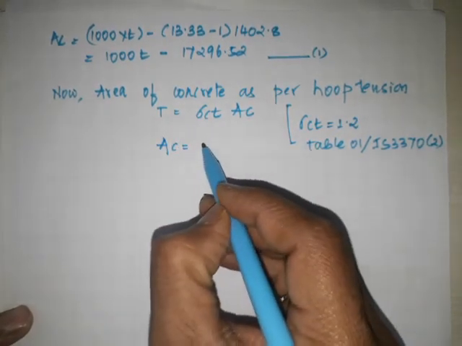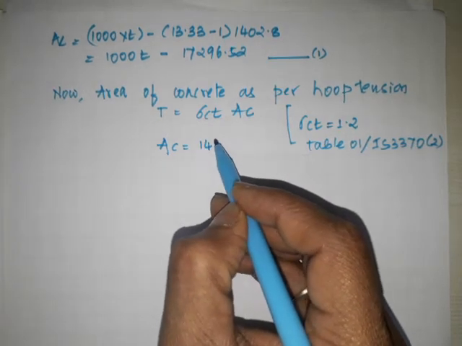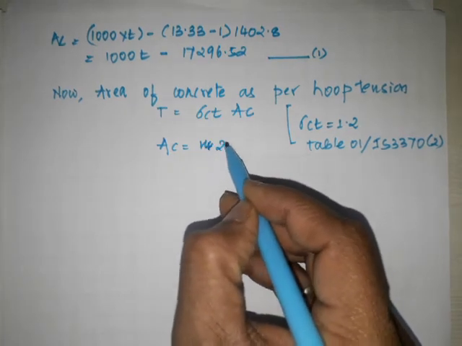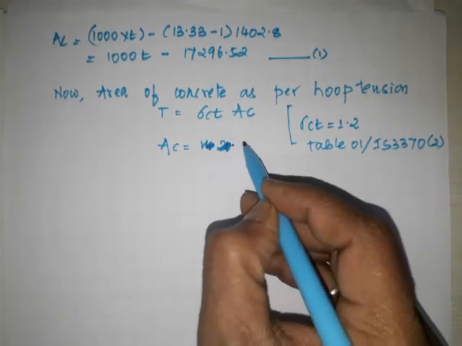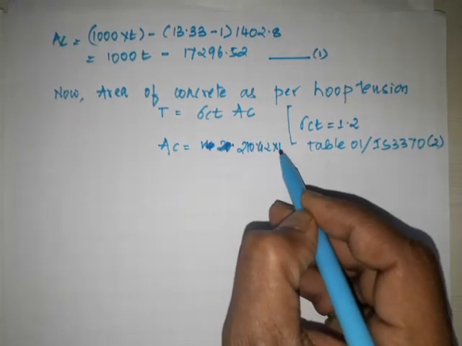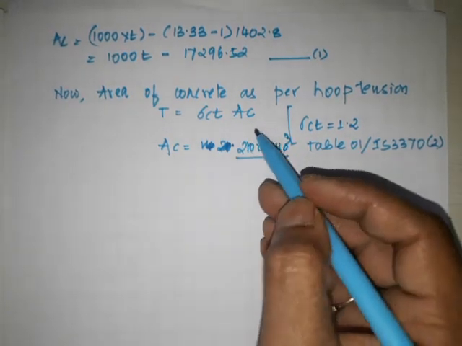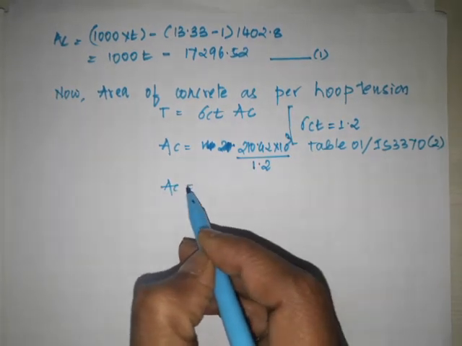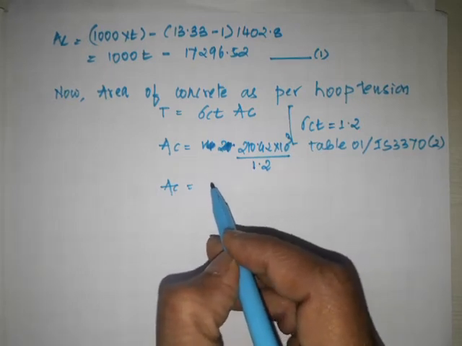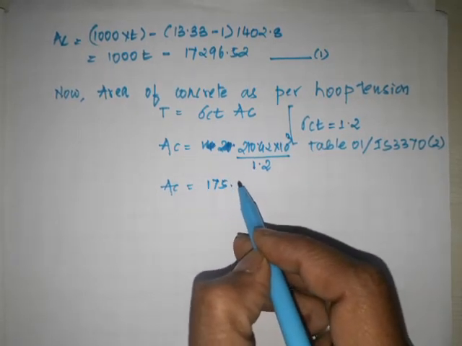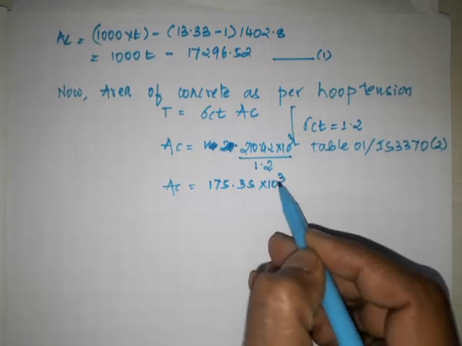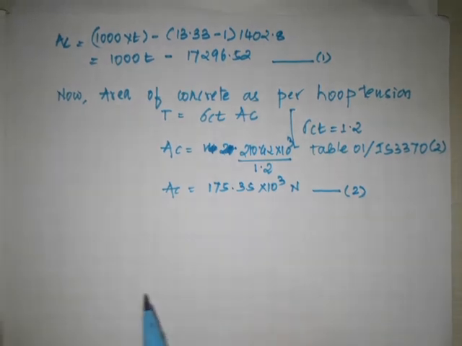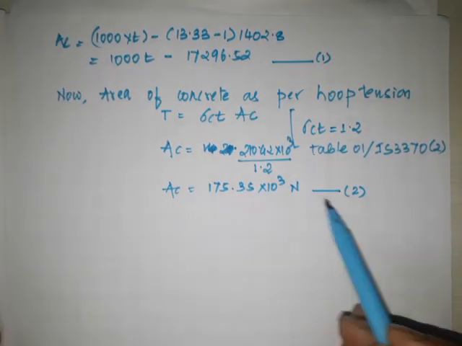So T is here again 14, I think you have calculated T. So 210.42 into 10 to the power 3 divided by AC, that is sigma CT 1.2. So we get AC as 175.35 into 10 to the power 3 Newton. Okay, so this I'll call as 2. So here also we have got AC, and here also we have got AC.